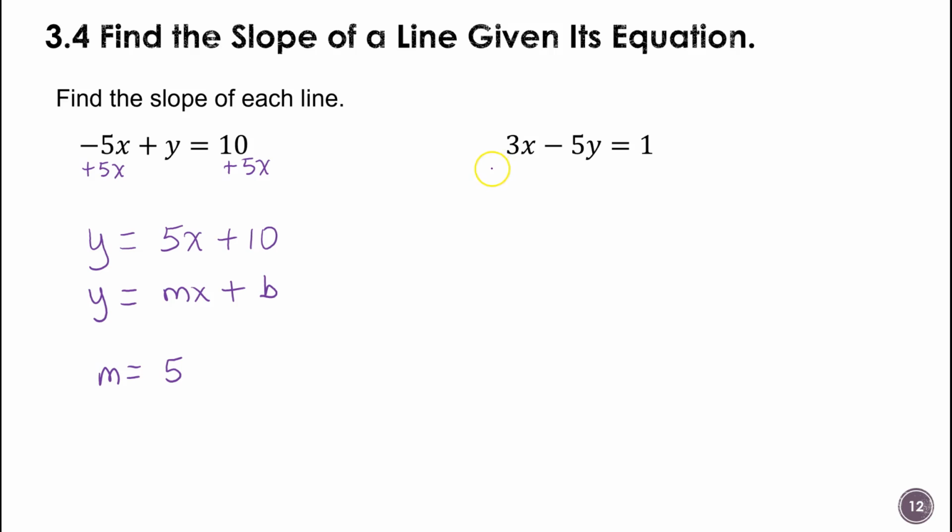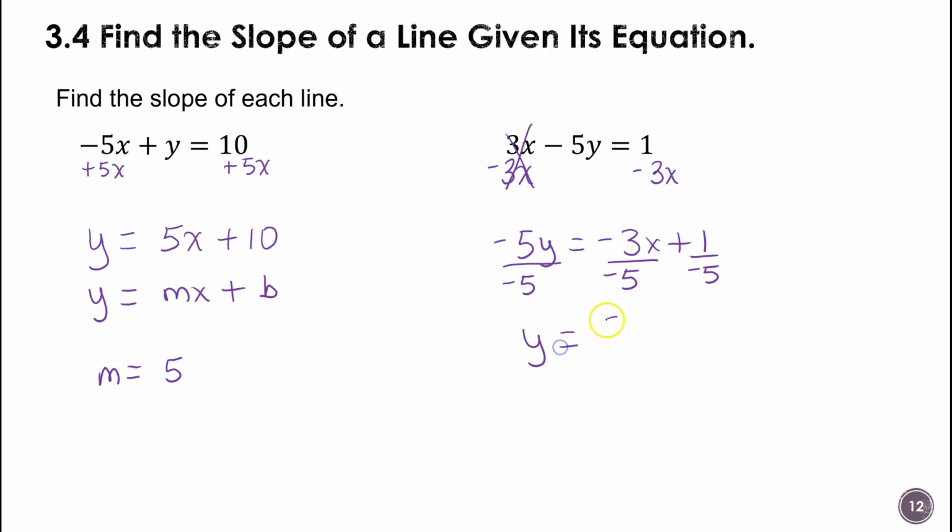On the next one, we're going to subtract 3x. Whoops, got some extra stuff in there. Subtract 3x on both sides. Bring down what you have, right? That's gone. Well, it's not gone, it's on the other side of the equation. And I have -5y equals -3x plus 1. And then, of course, we have to divide because we're solving for y.